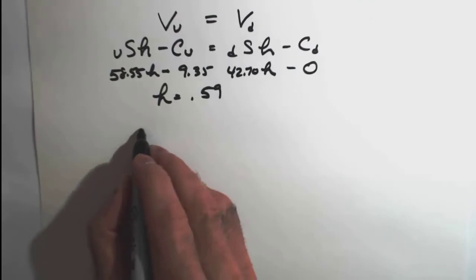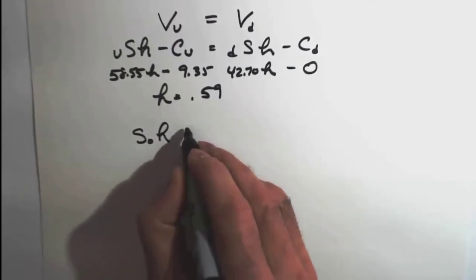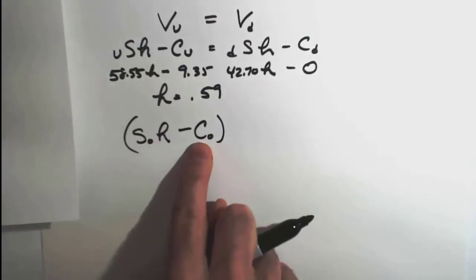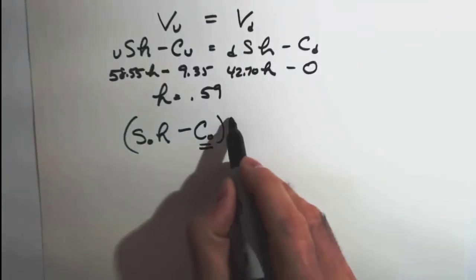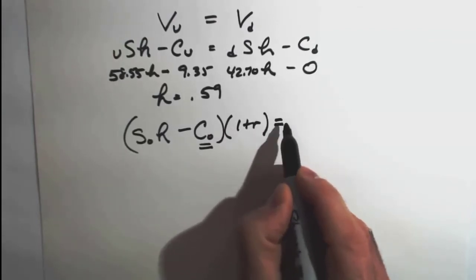And so we're going to write that out as, here's the stock at time 0 multiplied by H minus the call price today. That's what we're solving for in this formula. What is the call price right here? So that's what we're going to solve for. This portfolio is going to grow at the risk-free rate, like I showed you before.